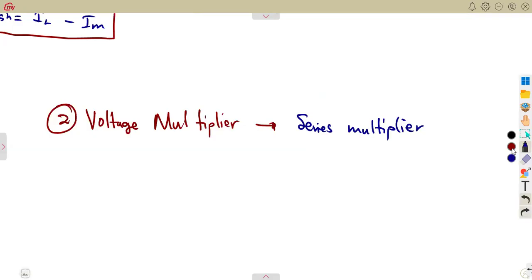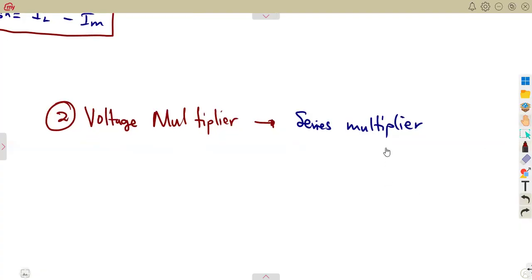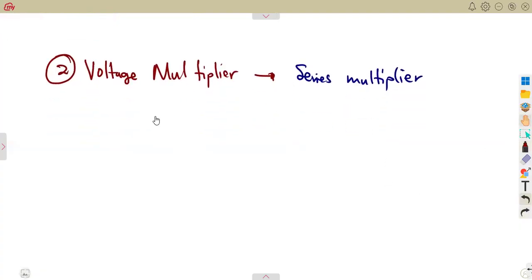The series is the voltage multiplier. The shunt is the current shunt, which is the ammeter shunt you're considering when you're dealing with the ammeter, working with current. There you're going to focus on the voltage multiplier, the series multiplier.